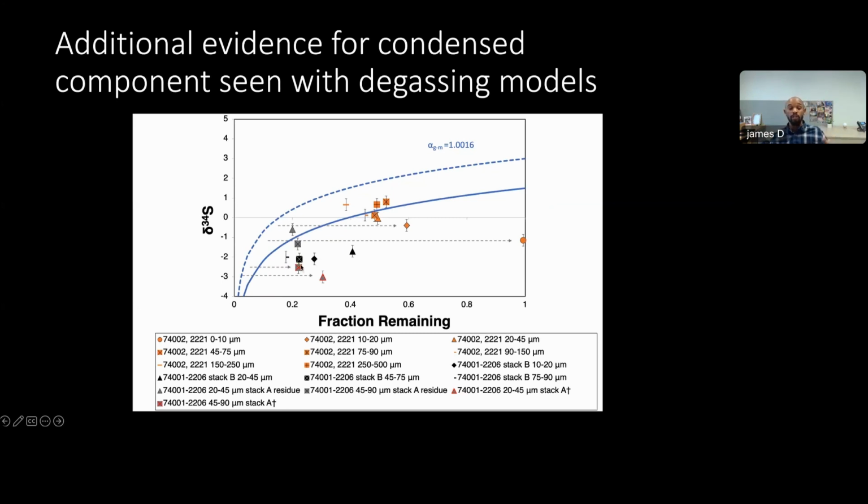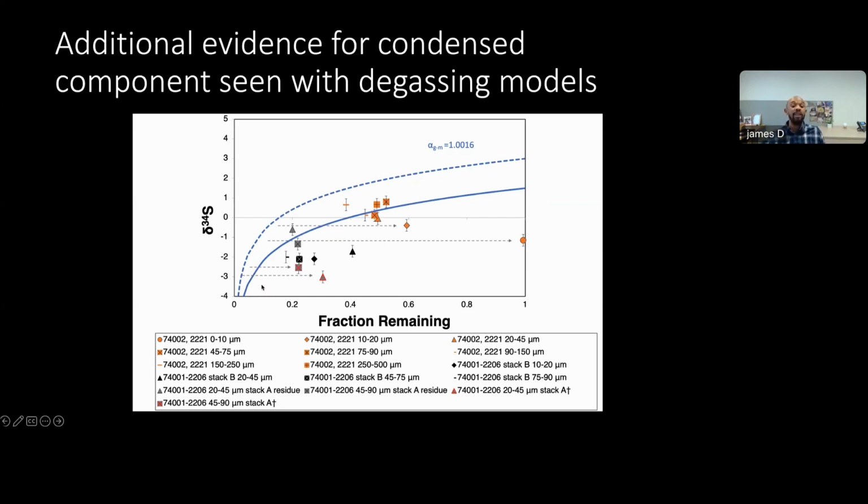However, when we performed our leaching experiment, we find that the interior, or the glass beads, have isotopic compositions that do fall along the model for the melt degassing, or the composition of the melt. And the vapor or condensed vapor component is much lighter in delta 34S, and we see that it does not, again, plot along the composition of the melt during this degassing process.